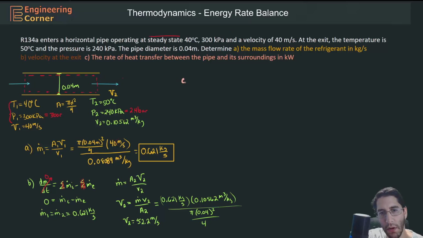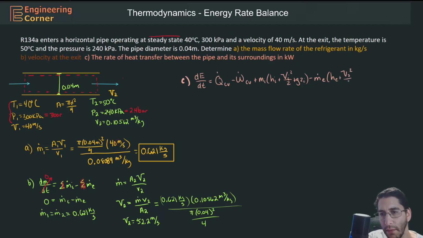So for part C, we start with an energy rate balance that says my change in energy over time is equal to the rate of heat coming into my control volume minus the work of my control volume, plus, we'll look at the full thing this time, m dot i times (hi + Vi squared over 2 + g zi), minus m dot e, the mass flow rate at my exit, times the enthalpy at my exit with my velocity term and my height term.